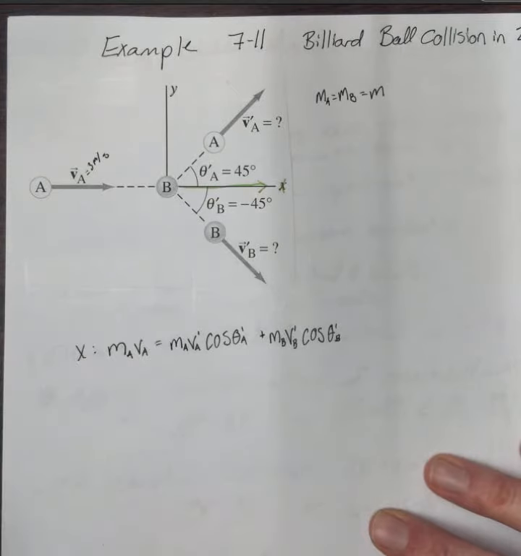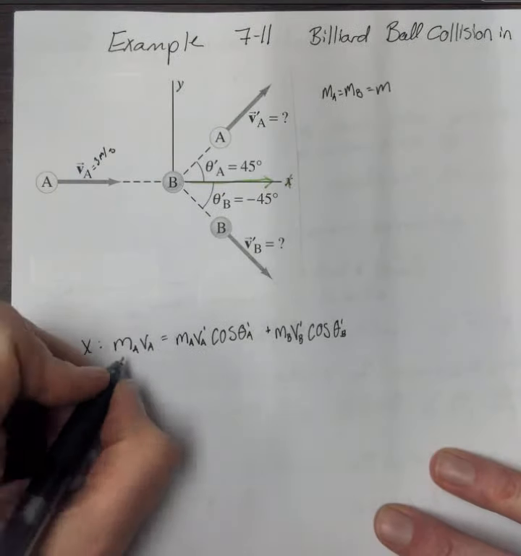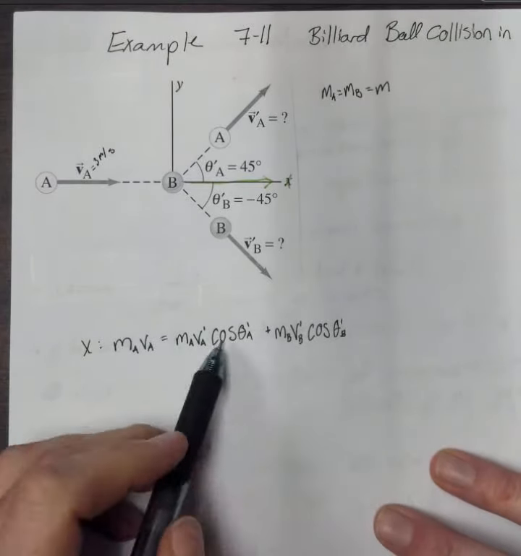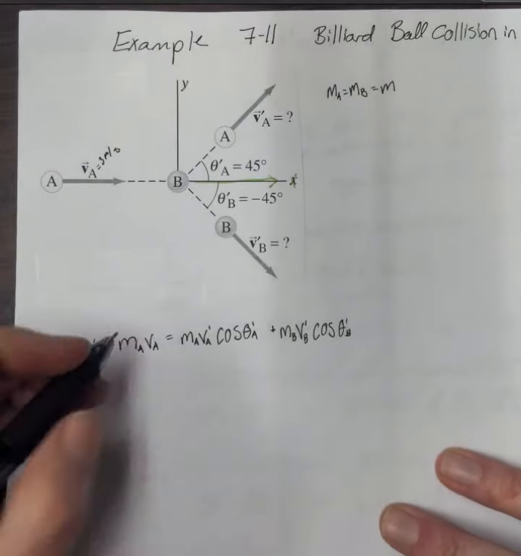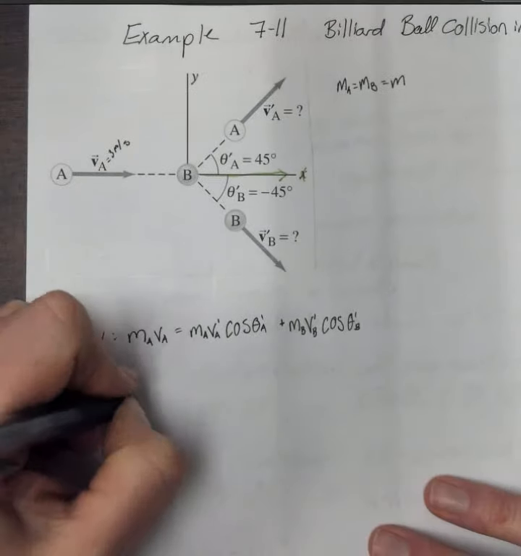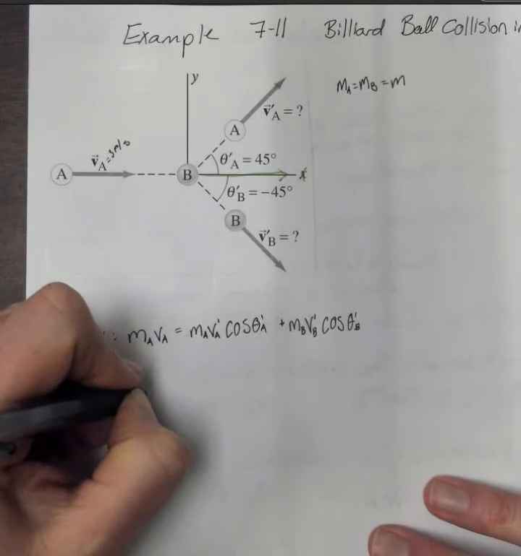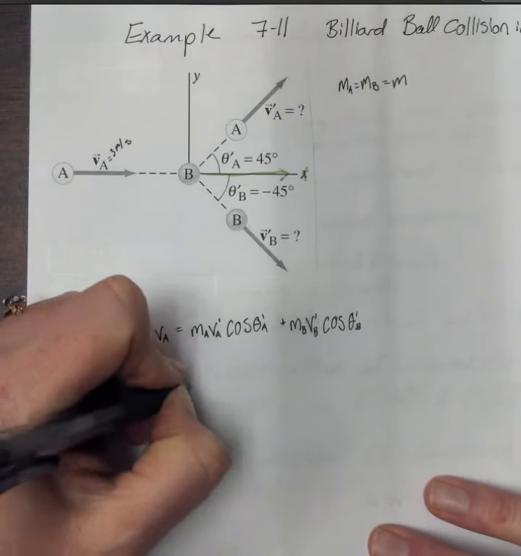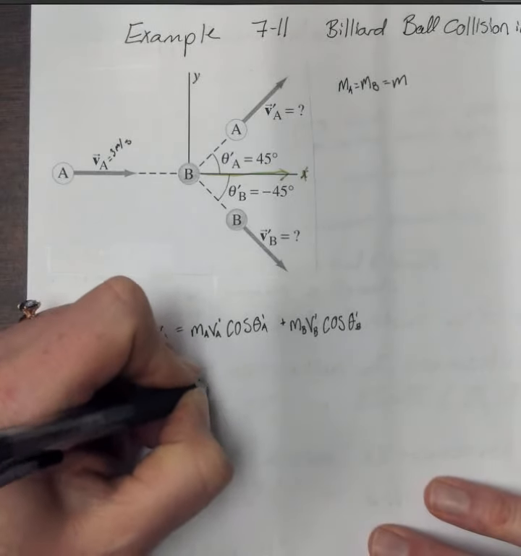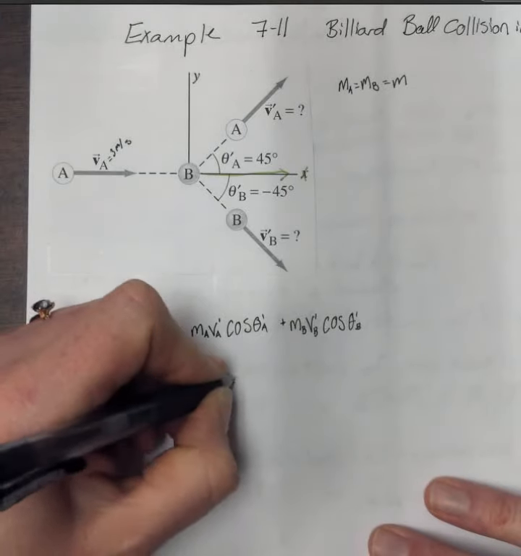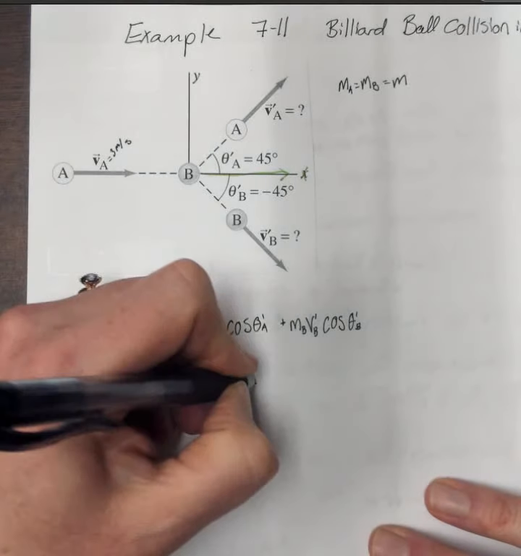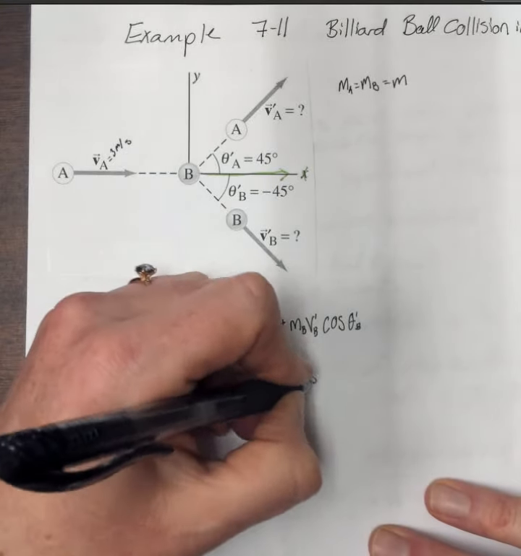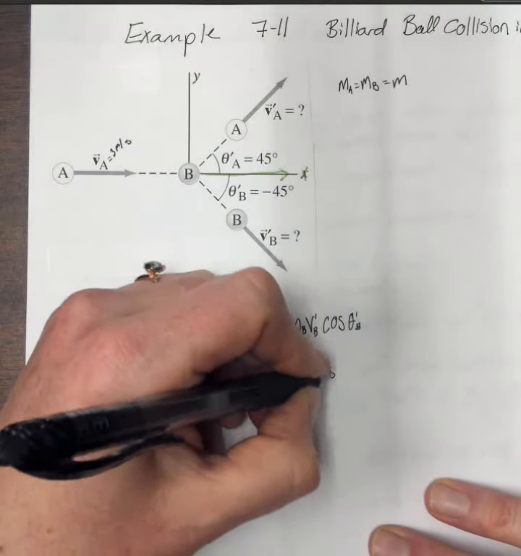What we are going to do is we're going to replace our masses with the general m term, and we're going to replace the angles with cosine 45 and cosine of negative 45. So you've got mv is equal to mvA prime cosine of 45 plus mvB prime cosine of negative 45.